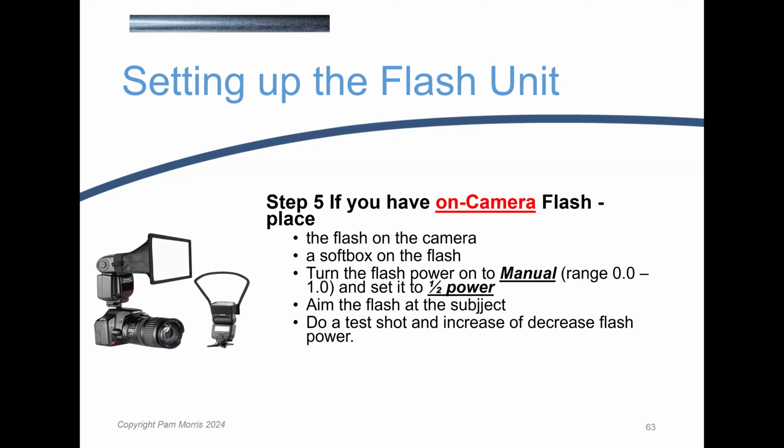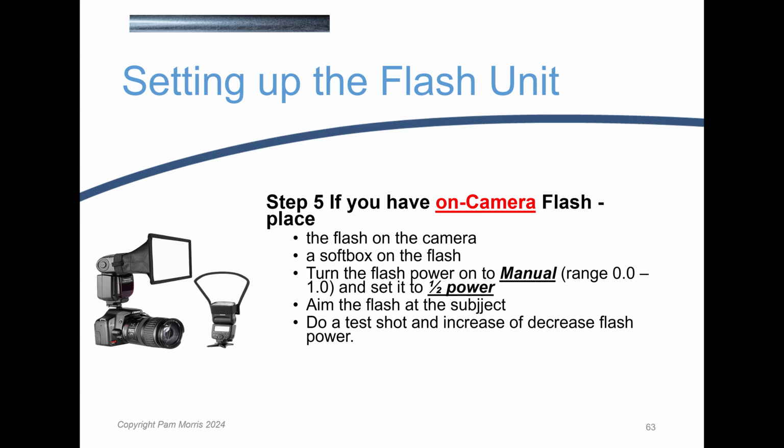So if you have on-camera flash, pop it on your camera, put the softbox on it, turn the mode of the flash to manual, and when you set it to manual, you have a range of 0 to 1 that you can set its power. I always start at half power and do a test shot. That then enables me to know, do I go up or do I go down? Then I go up and down with the power to get the right exposure that I need.